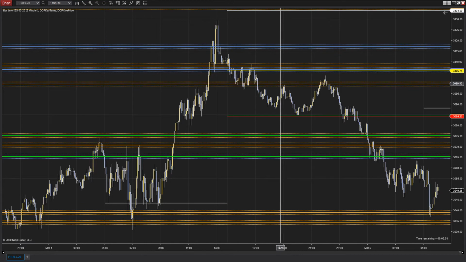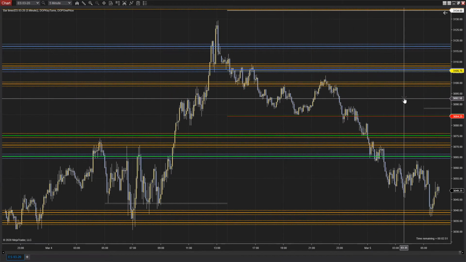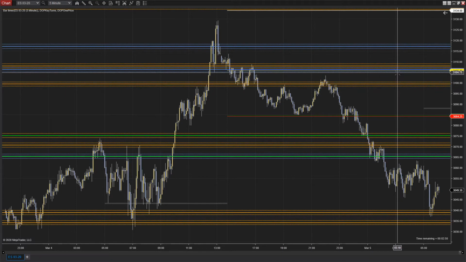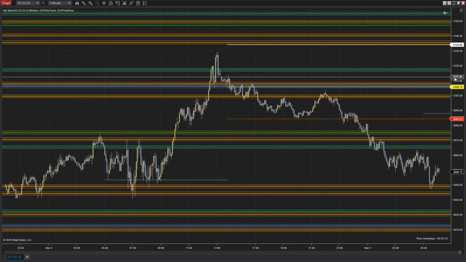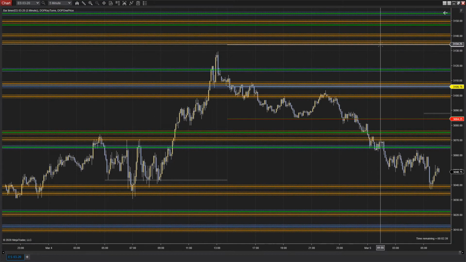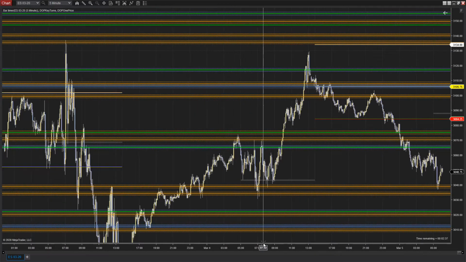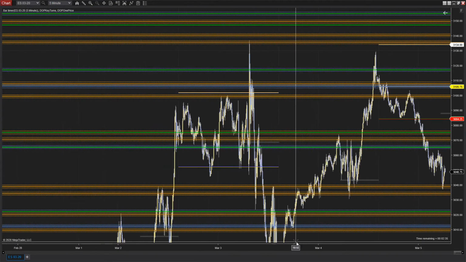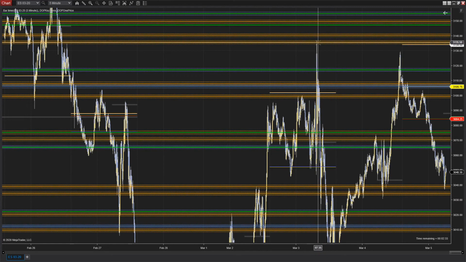And then, yeah, that's good. This would be something we'd want to watch up here. There's our other key turn level. This is really used right there.